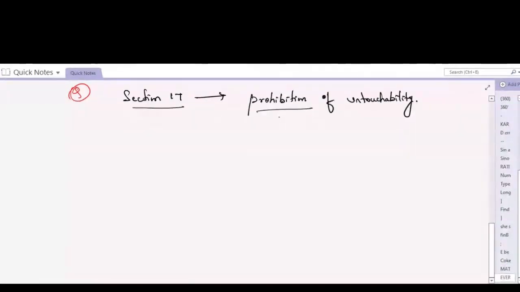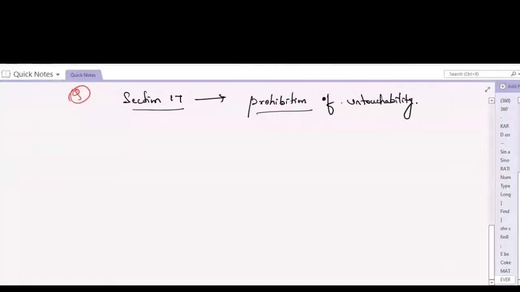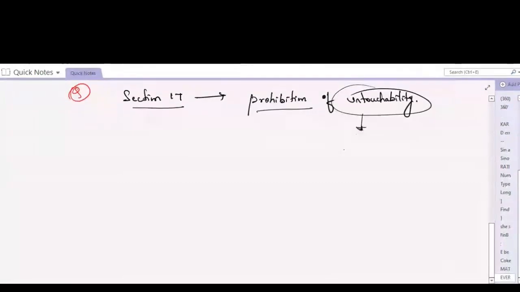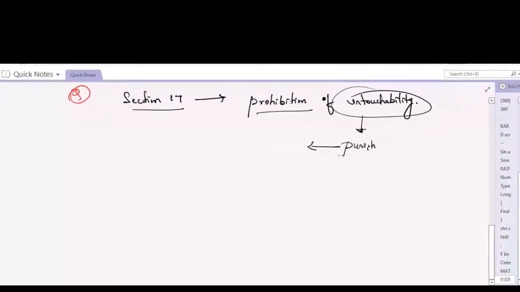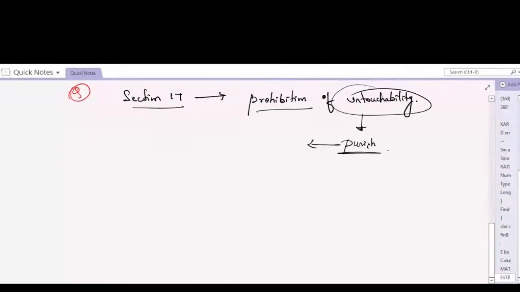Next question. Which section of our constitution declares that the practice of untouchability is punishable, that if anyone follows untouchability, we are going to punish them? Which section has given this right?